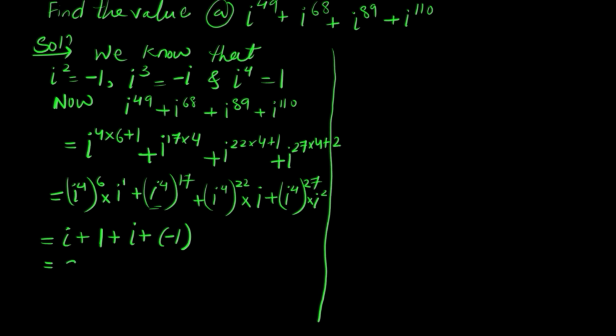So i plus 1 plus i minus 1, the 1 and minus 1 cancel out, so the answer is 2i. I raised to 49 plus i raised to 68 plus i raised to 89 plus i raised to 110 is equal to 2i.